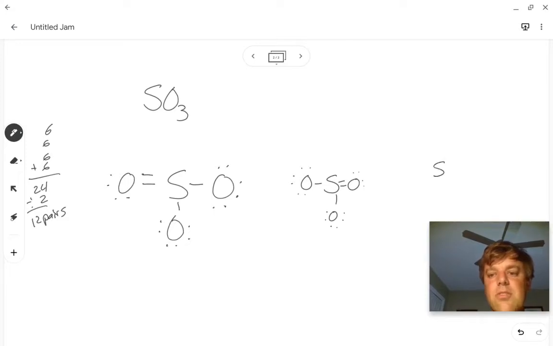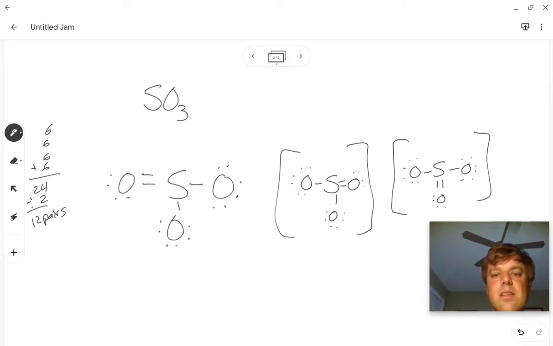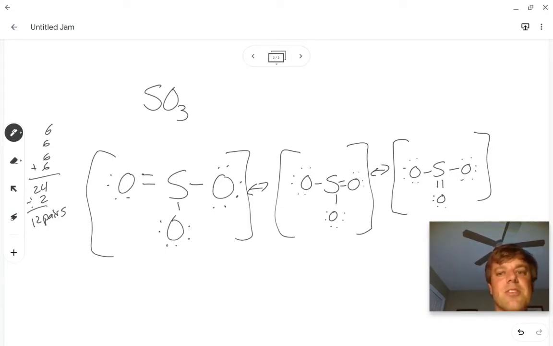And then we could also draw the double bond on the bottom. Put some brackets around it, and draw some arrows in between. And these are the 3 resonance structures for the SO3 molecule. And you'll never have to draw more than 3 resonance structures in this class.